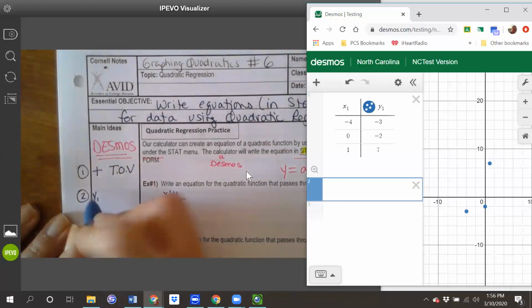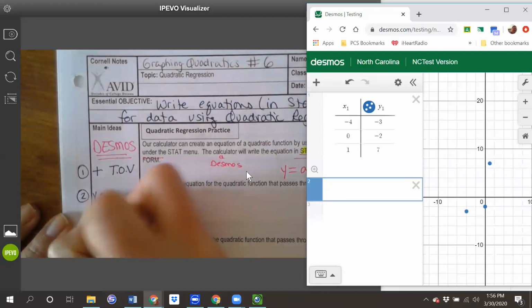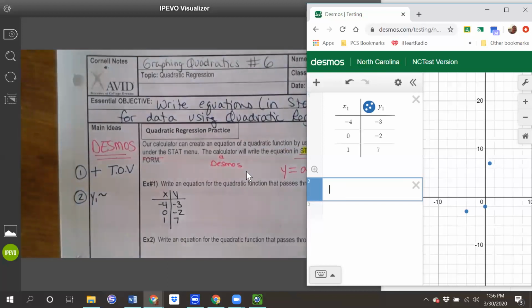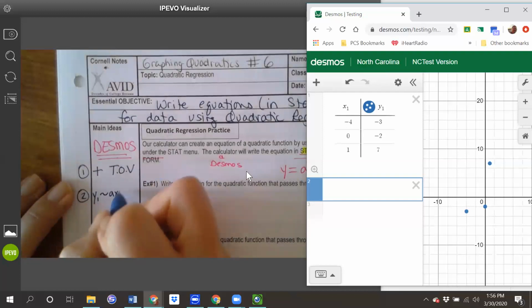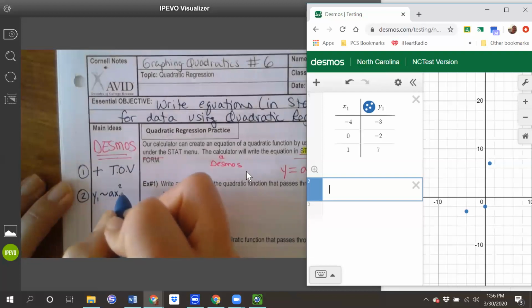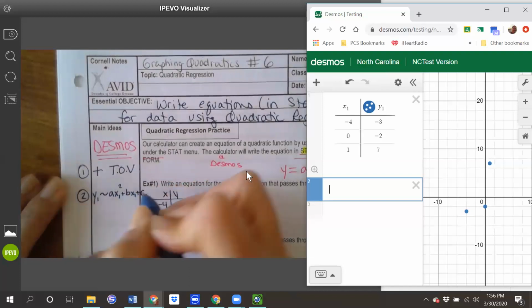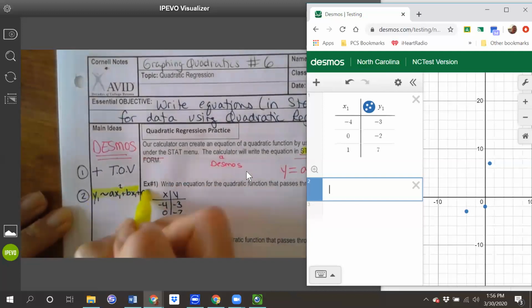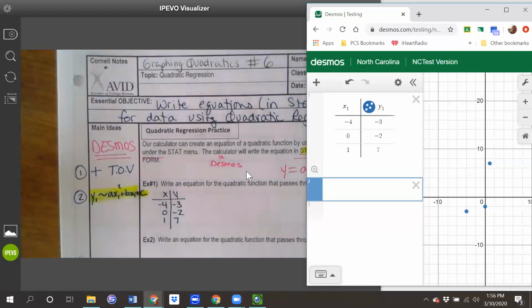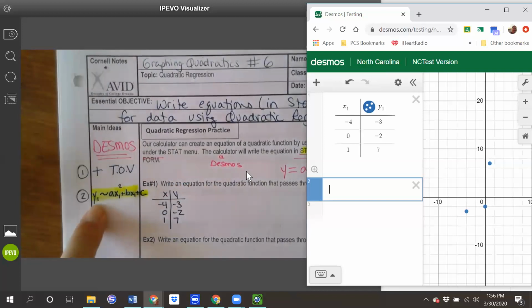So y1, and then the tilde, which is in the top left corner, the button right before the number 1 button, followed by a x1 squared plus b x1 plus c. So we are writing standard form using x1s and y1s.